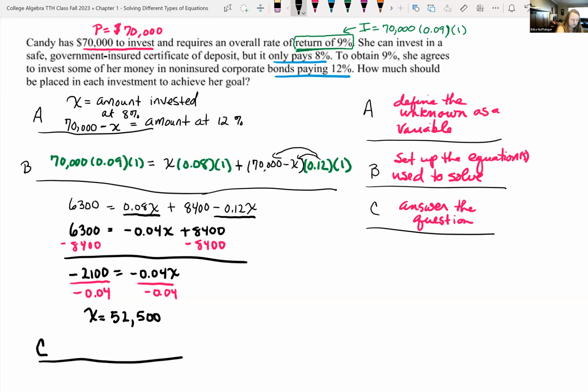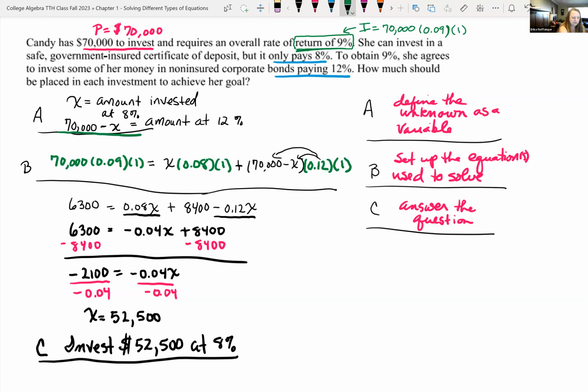And so she's going to invest $52,500 at the 8% account. And then we need to figure out the amount at 12%.